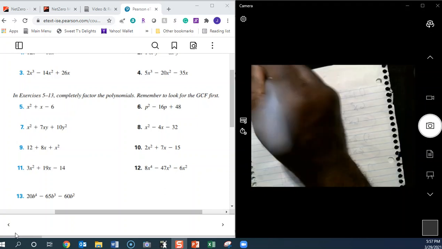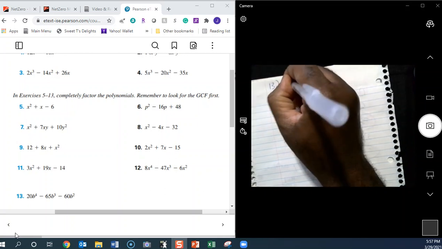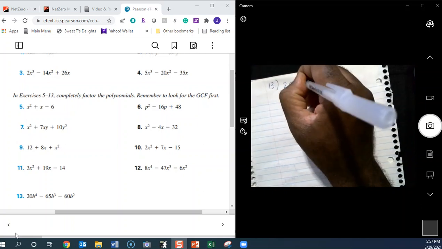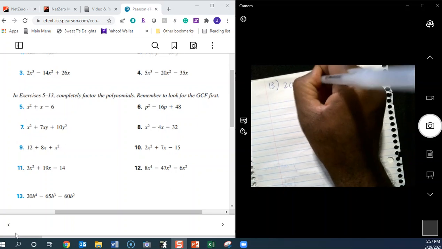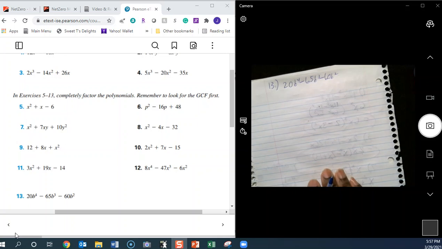All right, now, with problem 13, we have 20b to the 4th minus 65b to the 3rd minus 60b squared.